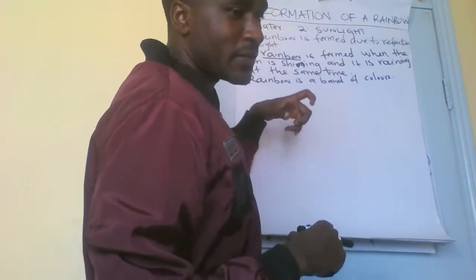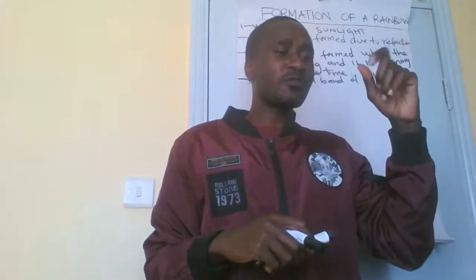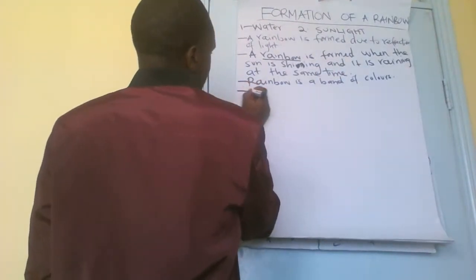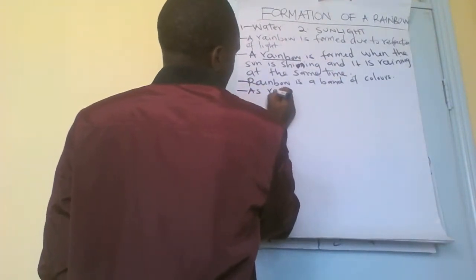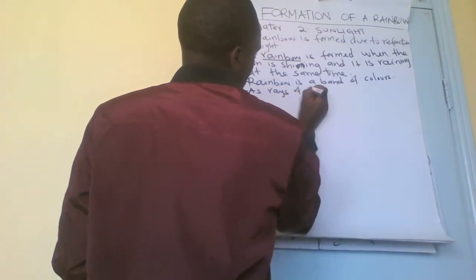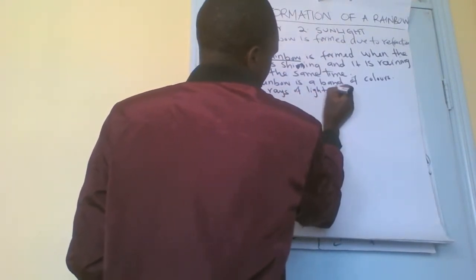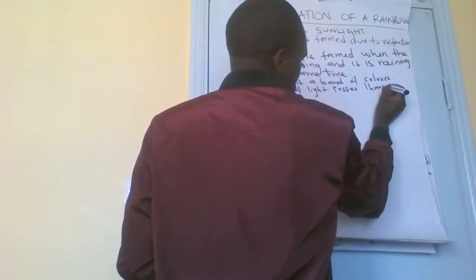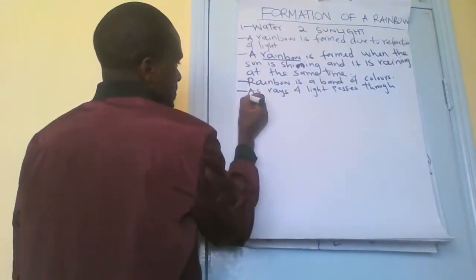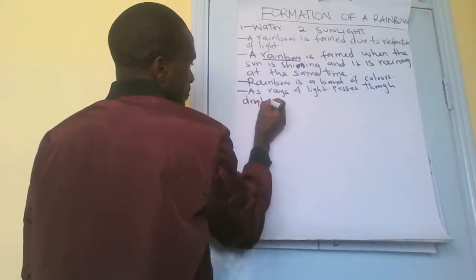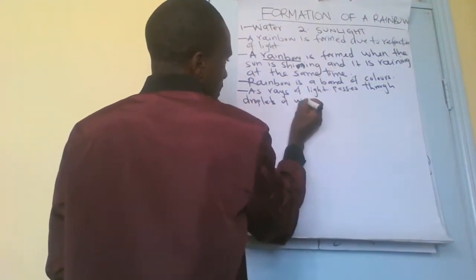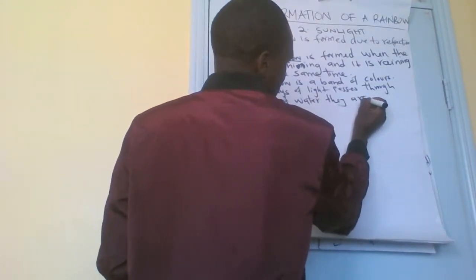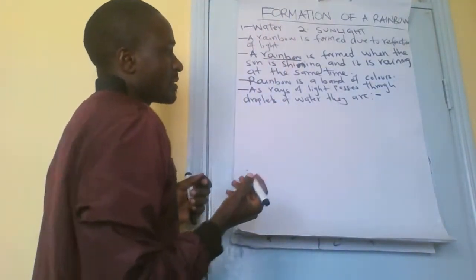As these rays of light pass through droplets of water, there are different things which happen.